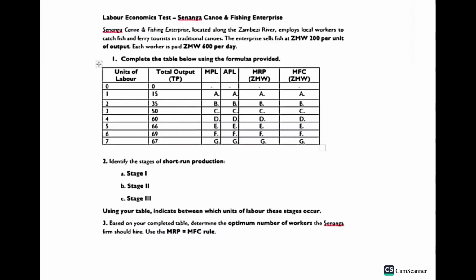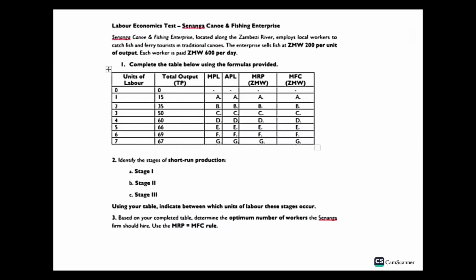We need to find marginal product of labor. How do we find marginal product of labor? It's the same story, really. You already know this. If you're given total product, it's total product 2 minus total product 1, divided by the change in units of labor, Q2 minus Q1.